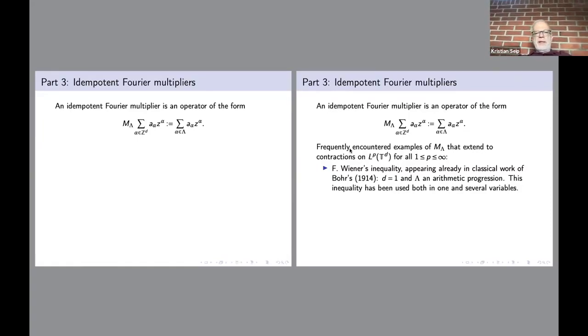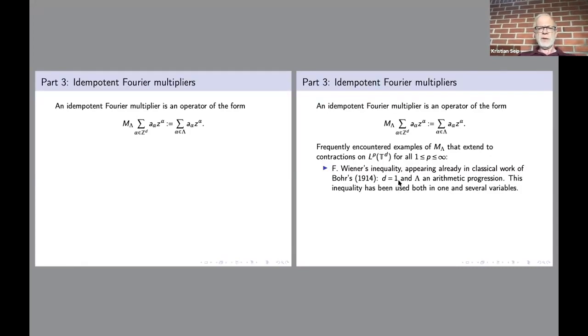We started to look at this because there are a number of interesting such multipliers that appear in applications that are, for various reasons, contractive. So one is an inequality that goes back to the work of Bohr, and Bohr referred to F. Wiener, who found this inequality.